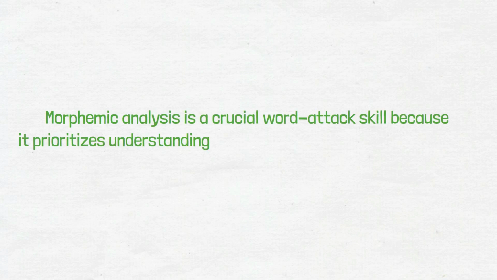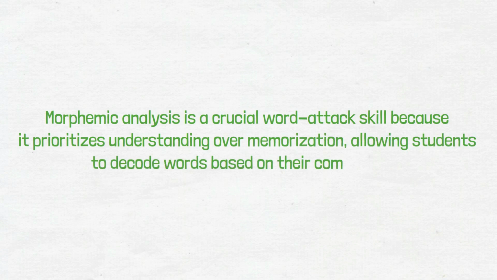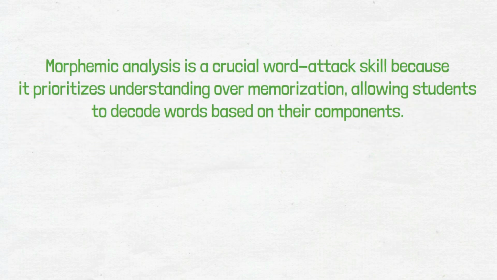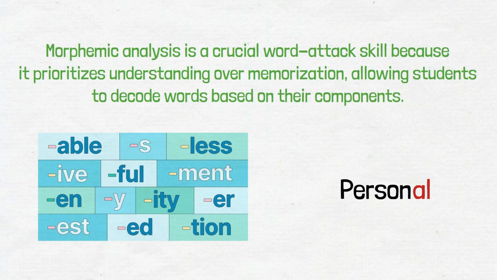Morphemic analysis is a crucial word attack skill because it prioritizes understanding over memorization, allowing students to decode words based on their components. Understanding derivational suffixes, like al in words such as personal, is an integral part of morphemic analysis.